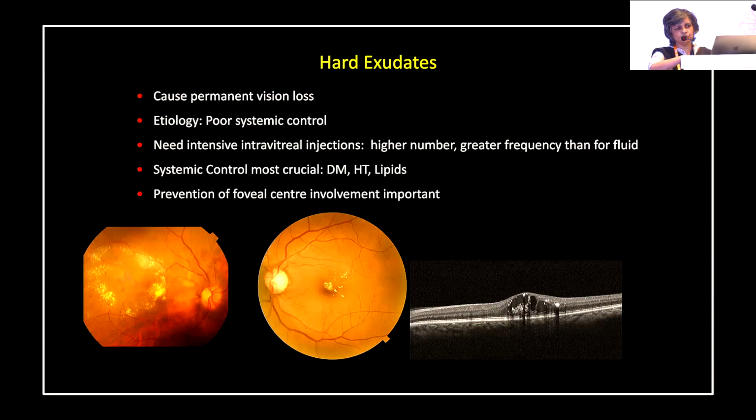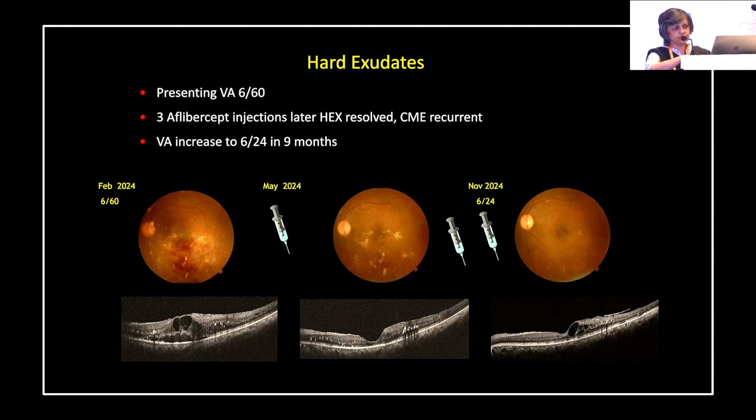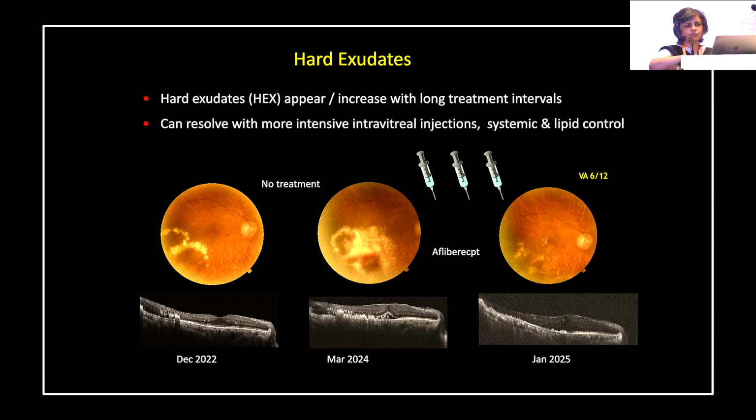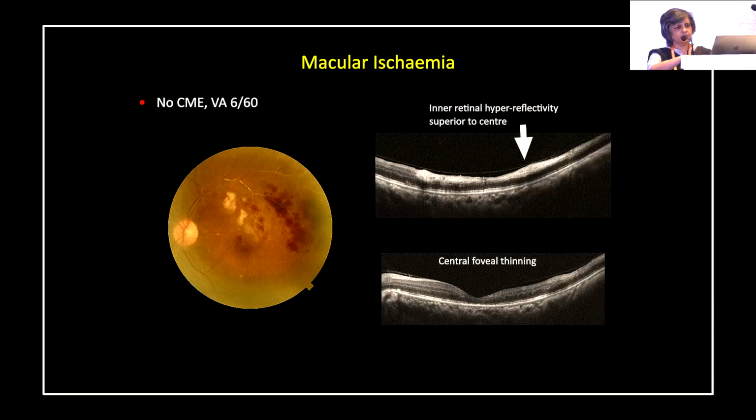And even with resolution, they may leave behind permanent vision deterioration. Most important is systemic control, and prevention of these exudates by timely treatment is important. However, they do resolve, as I have shown in this picture here. When you neglect, it goes from 1 to 2, but after treatment, you can have resolution.